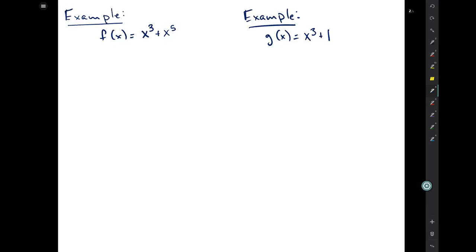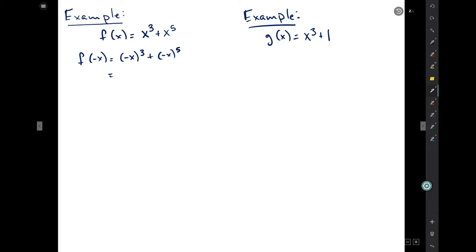So for example, let's look at the function f of x equals x cubed plus x to the fifth. Again, our question is when I plug in minus x, what happens? So if I plug in minus x, I have to plug it in for both of these terms.